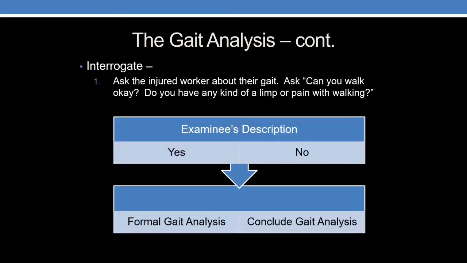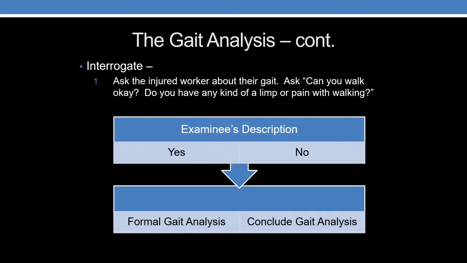Next step in the gait analysis is to interrogate the injured worker. Perhaps interrogate is too strong of a term, but what I mean is we're going to ask the injured worker for their help in identifying any gait disturbance that may be present.